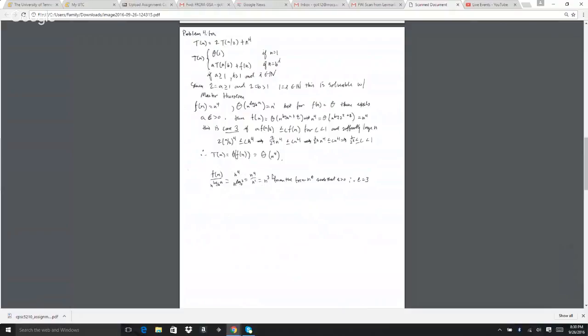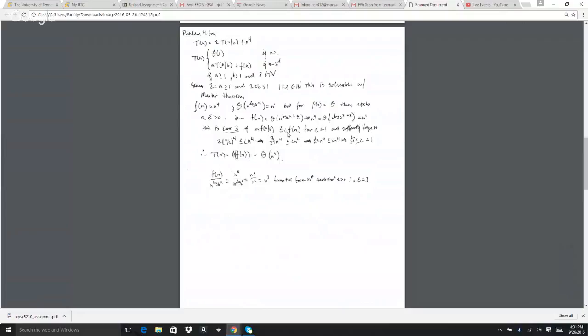So n to the 4 over n to the 1, that leaves you with n cubed. And based on the theorems in the book, as long as n is raised to the epsilon such that epsilon is greater than 0, polynomially larger, therefore epsilon is equal to 3. So again, that's how the 3 got into there. And this falls into case 3 because you're adding, so you're finding omega, which is your lower bound.